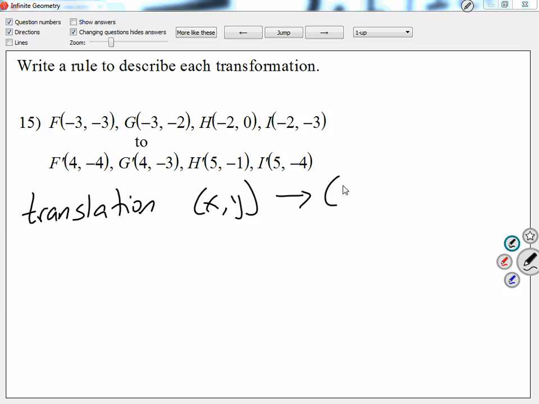So let me write this as x plus 7. We're adding 7 to each x. What are we doing to each y? Subtracting 1. So let's go y minus 1. And keep in mind I said each, so you could have compared any x or any y. We were doing the same to each x and the same to each y. There's about 4 questions like that.